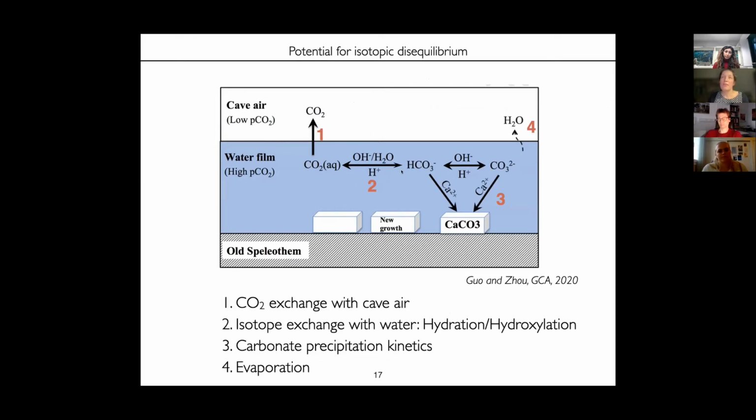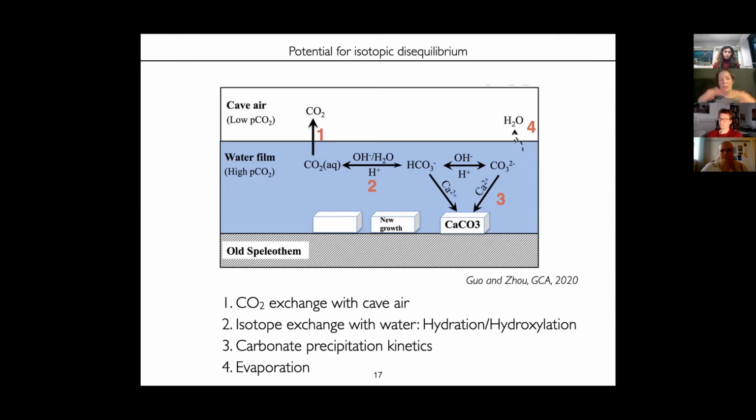And then we have the hydration and hydroxylation reactions between bicarbonate in the solution and CO2. Then we have kinetics that occur during the actual precipitation of carbonate, and we can have isotope effects during evaporation of water. So all of these processes have isotopic effects.